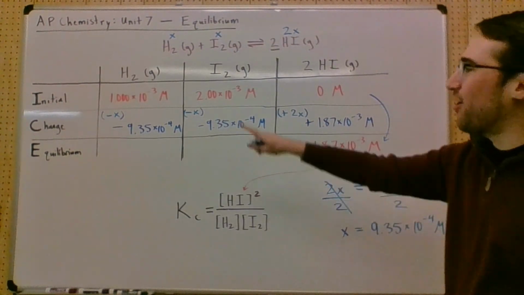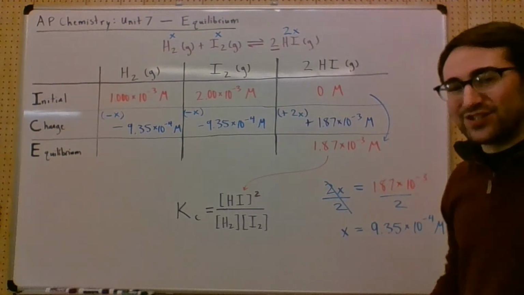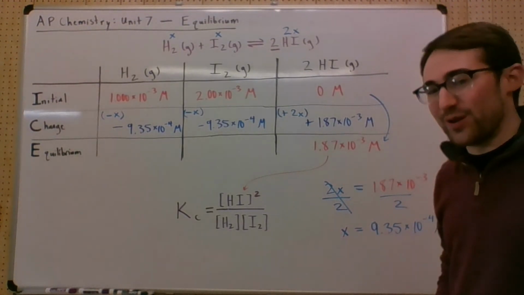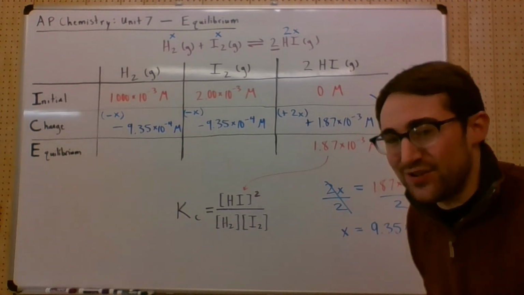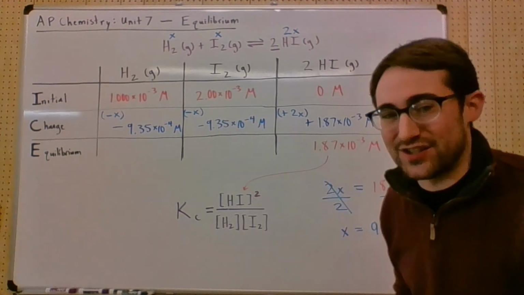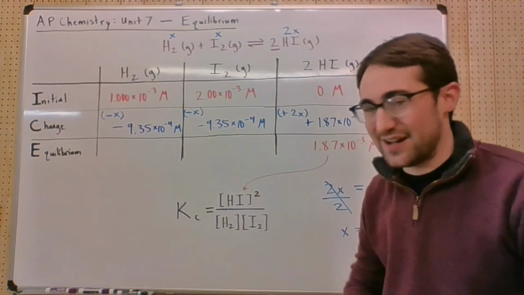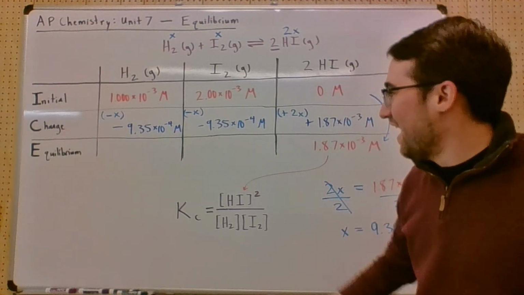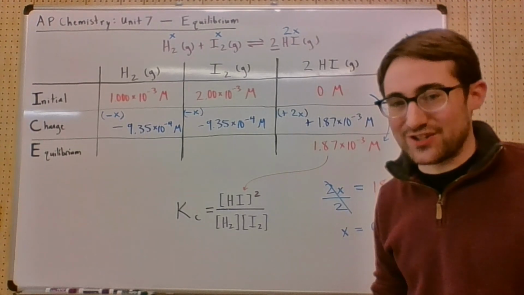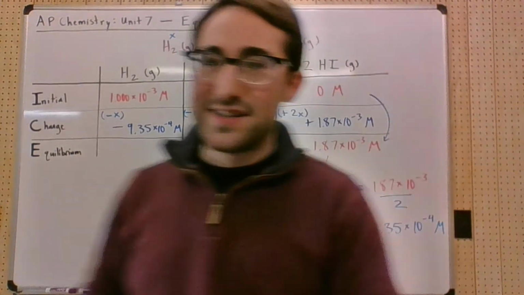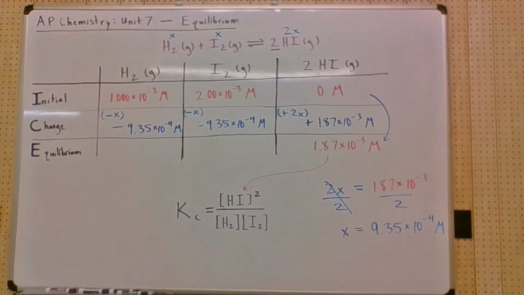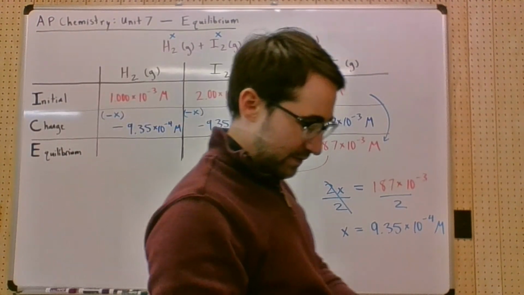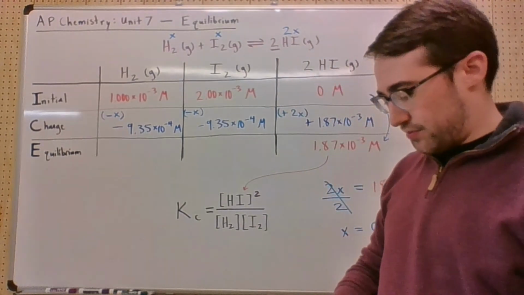Because now I know how much my H2 and my I2's concentrations are changing by to make this amount of product at equilibrium. So all I have to do is take my initial concentrations, subtract out the concentration that I lose to get this reaction to reach equilibrium, and then I've got my equilibrium concentrations. So 1 times 10 to the negative 3 minus my 9.35 times 10 to the negative 4th.